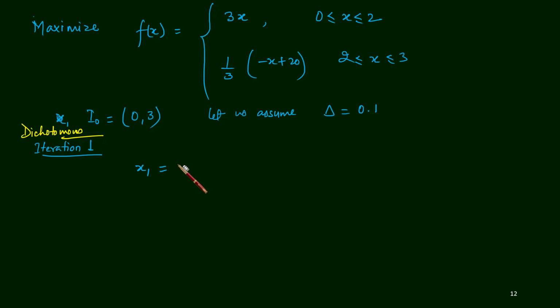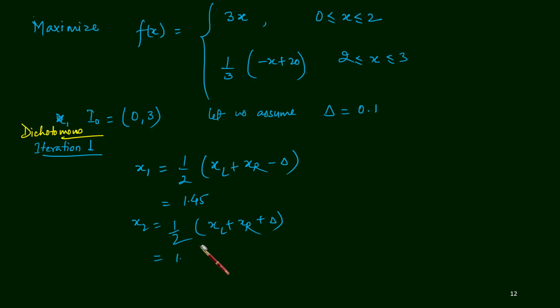The x1 formula is 1 by 2 (xl plus xr minus delta). So put it, 0 plus 3 is 3, minus 0.1 is 2.9, by 2, that is 1.45. And x2 is 1 by 2 (xl plus xr plus delta), that is 3.1 by 2, that is 1.55.